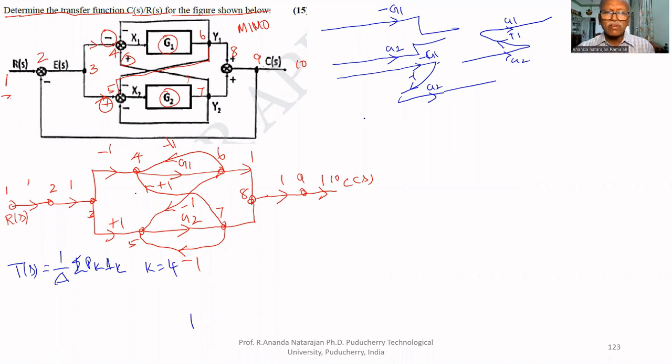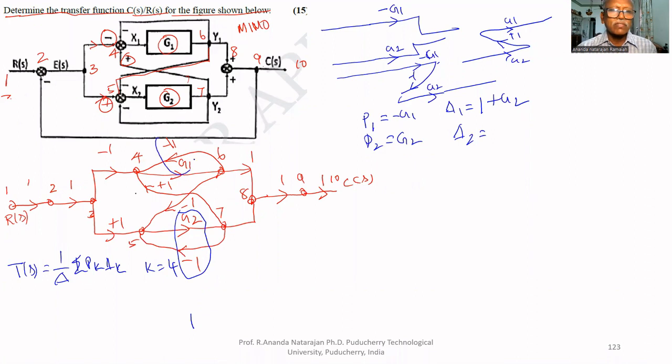Let us find the gains of the forward paths. P1 equals minus G1. Delta 1 equals the part of the graph not touching this forward path, which is G2 with -1. Therefore, 1 plus G2. P2 equals G2, and delta 2 equals the part of the graph not touching the forward path, which is G1 with -1, therefore 1 plus G1.